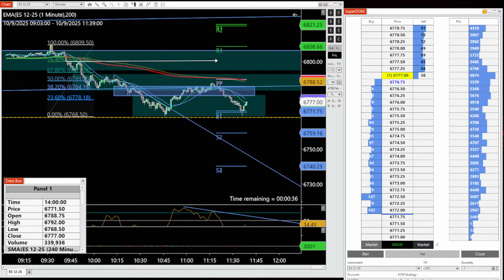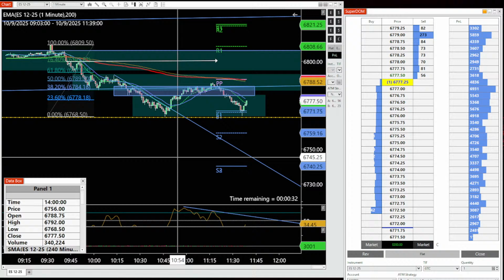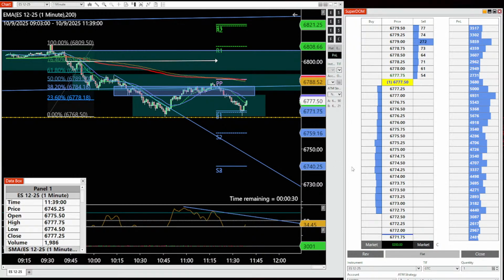Got some support to get past, but still bullish. Still bullish.